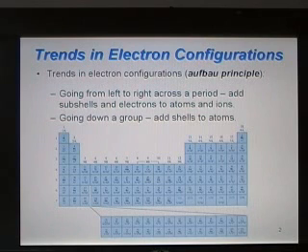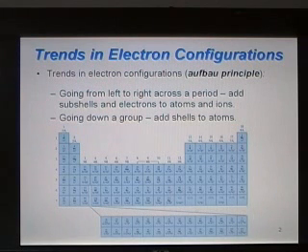Now, we need to think of some criteria to evaluate these periodic trends. And one of them is electron configurations. As a matter of fact, we spent a significant amount of time working on electron configurations the last 2 weeks.